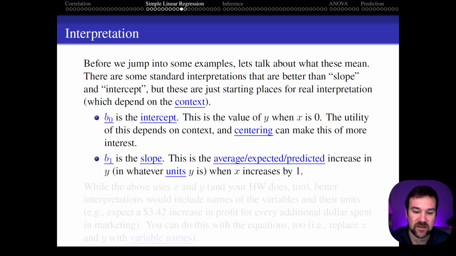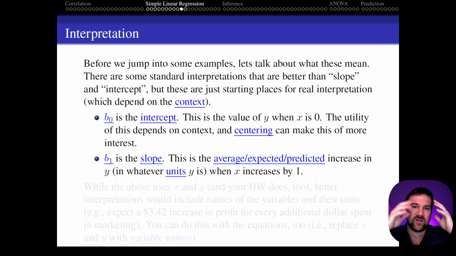In any case, we're going up and up as X increases, or down and down. I say expected increase, but this could be an expected decrease too if the relationship is negative. So when X goes up by 1 unit, what is the average number of units that Y goes up or down in the data set? Note I'm saying average, expected, predicted. You'll see any or all of these, but average just means this is averaged across the entire data set.